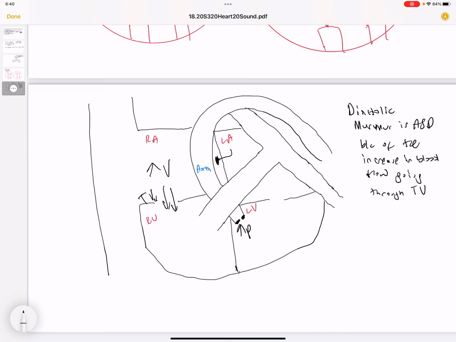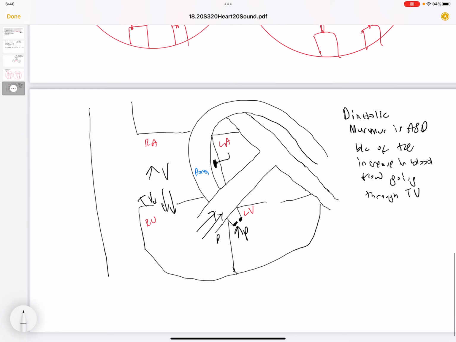Now we're going to have more blood in the right ventricle, and there's also going to be an increase in blood volume going to the pulmonic valve. And when is the pulmonic valve open? It's open during systole.